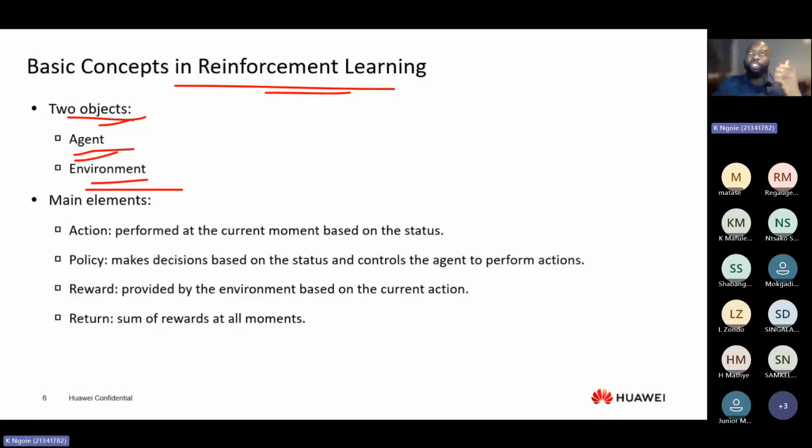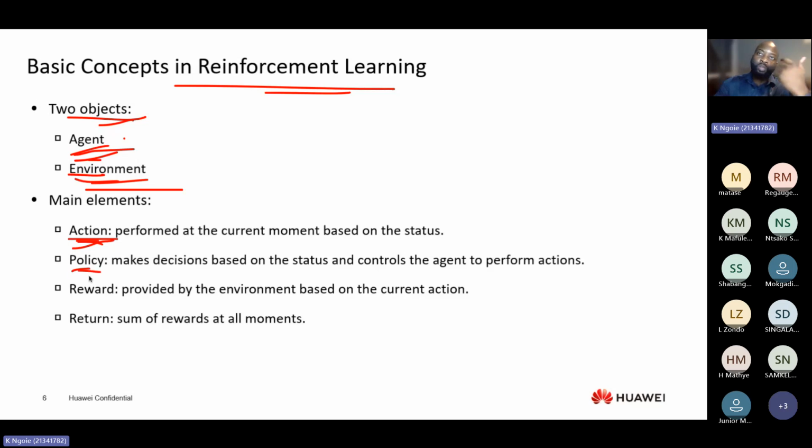So the agent is the one that is going to learn from this data. The agent is going to be the decision maker. So the agent will interact with the environment and it's going to choose actions, and learn from the policy.